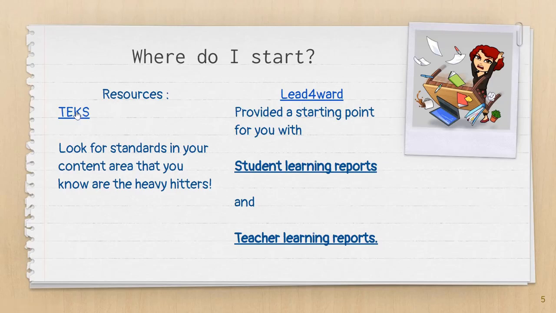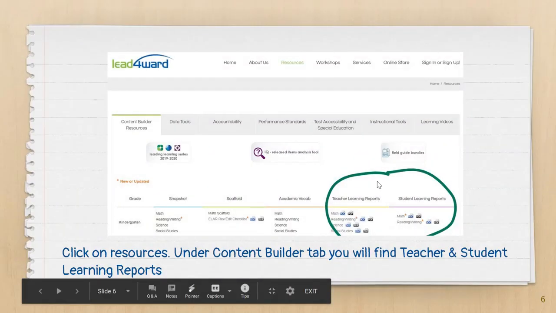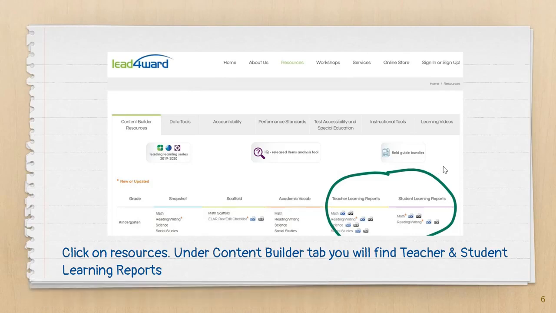We of course start with our TEKS, looking at the standards, our learning objectives, and then the Lead Forward resources, which are the student learning reports and the teacher learning reports. They're here in the Lead Forward section. I think most of us are already familiar with these, and we should definitely be using them if you aren't already, because they're just great free tools to help keep you on track all semester long with your student data.